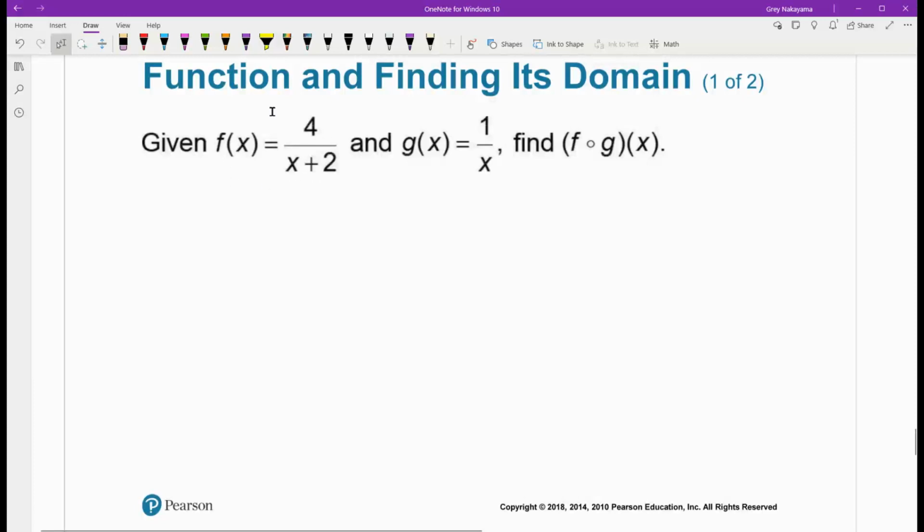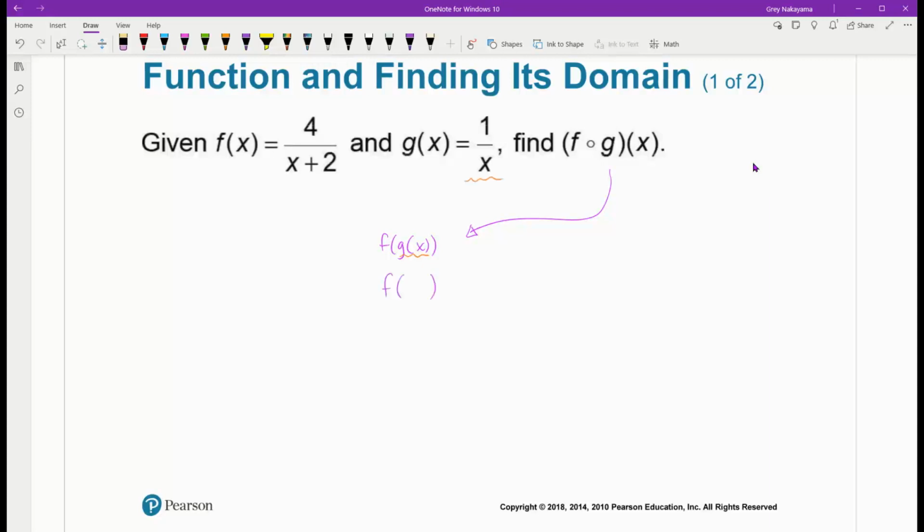Okay, so given functions f of x equals 4 over x plus 2, and g of x equals 1 over x, find f of g of x. Okay, so as I said, I'm going to write that rule, f of g of x, and then I'm going to replace the inside, starting on the inside. So that means that's going to be f of, what's g?